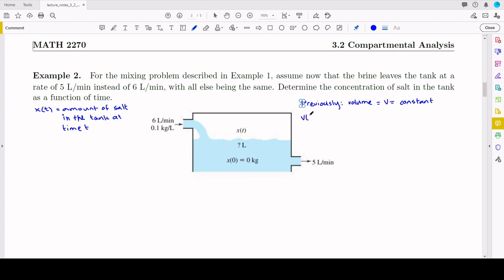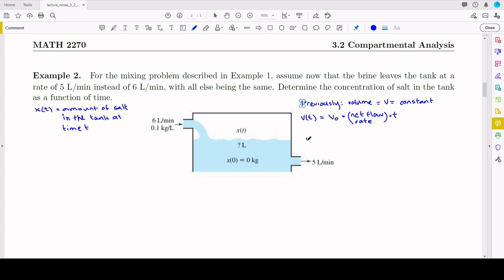So what we need to do, instead of thinking of V as a constant, is think of V as a function of t, right? And the volume at time t will be a linear function. We'll have an initial volume, V naught, and then a net flow rate times t.